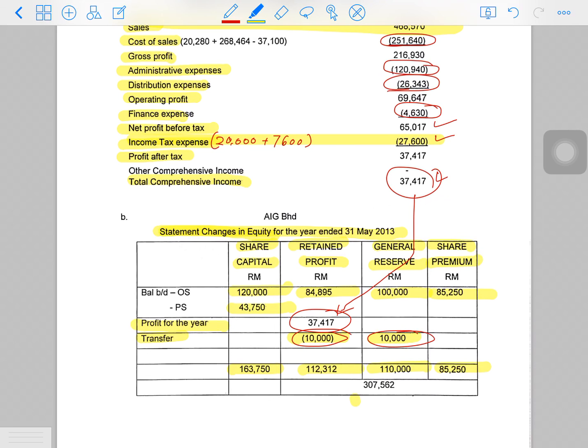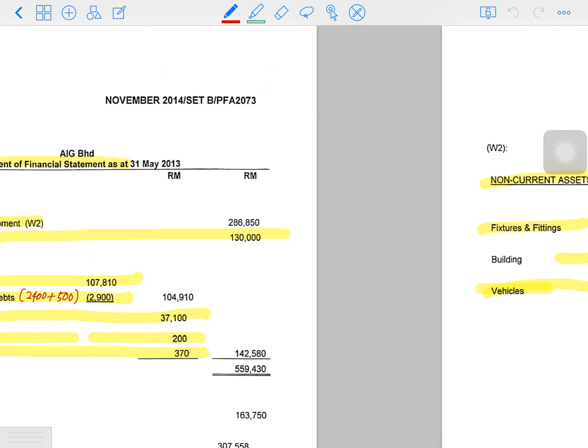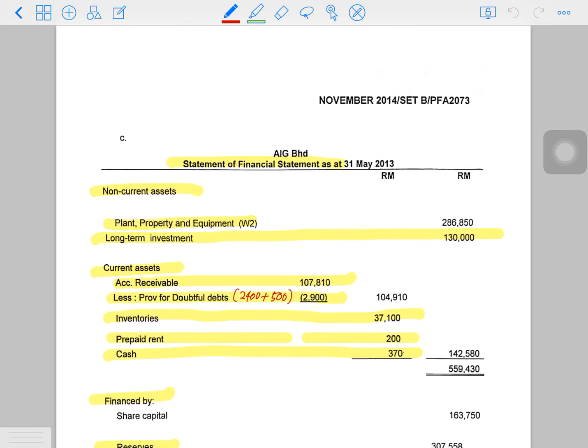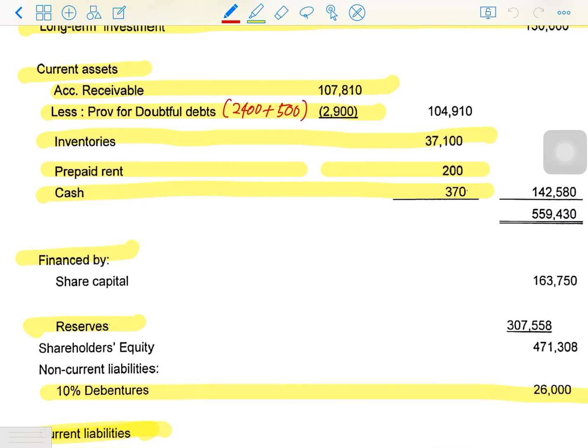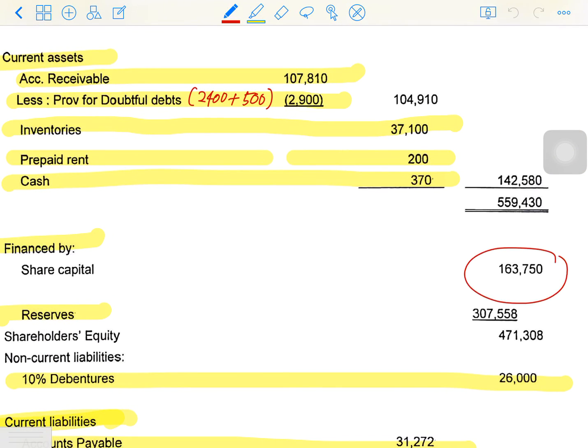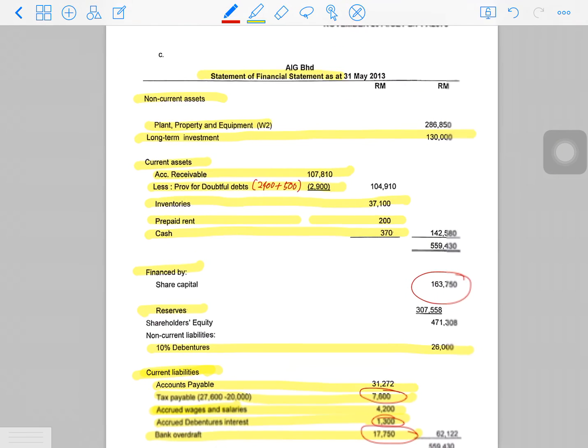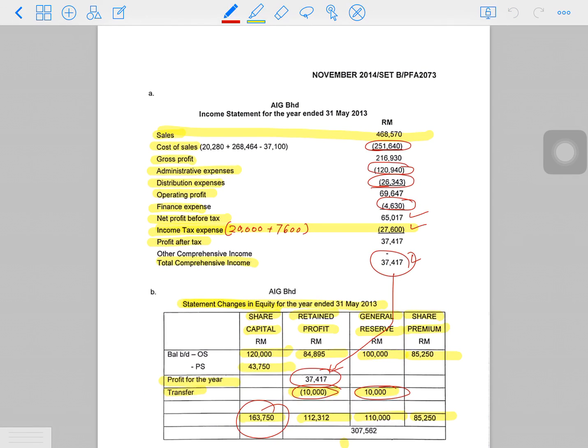So your balance for ordinary shares plus preference share is 163,750. So that should be entered into your financial position lah. Okay, your financial position, share 163,750. Okay. Next we have reserve.